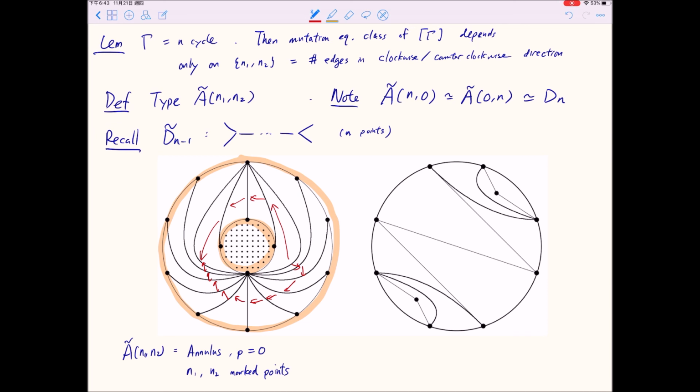I hope I'm drawing correctly. Yeah. So you can see that here you have some arrows pointing in one direction and other arrows pointing in the other direction, and it combines to this cyclic quiver.